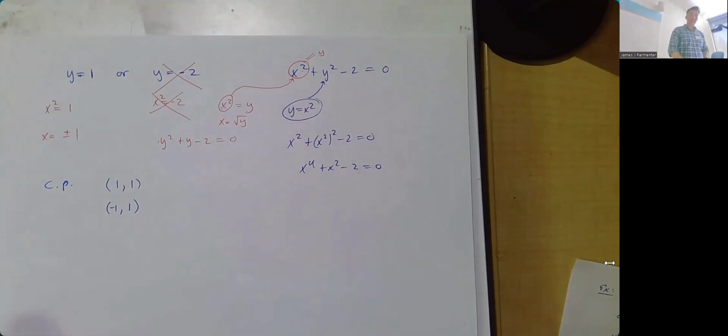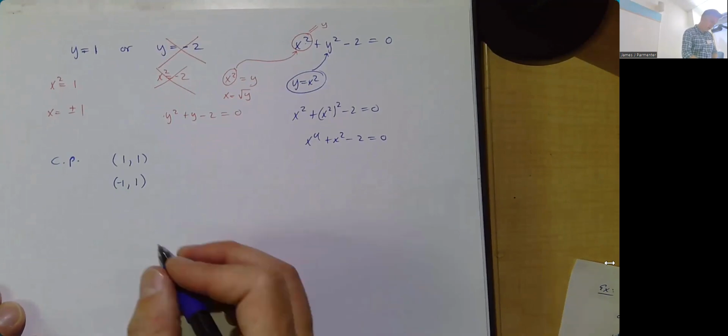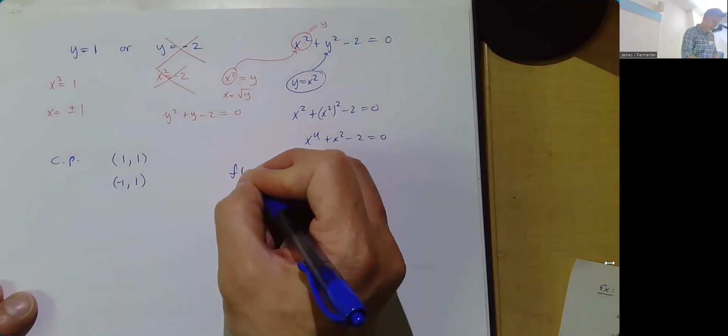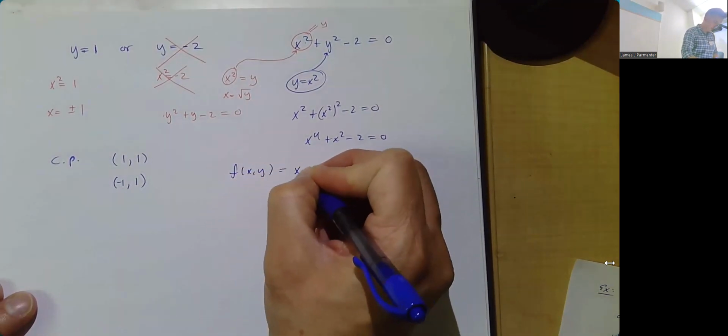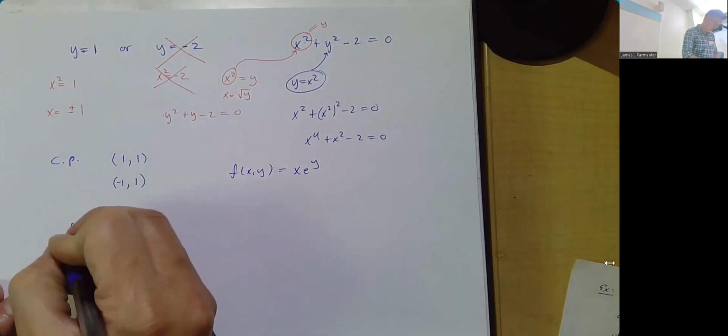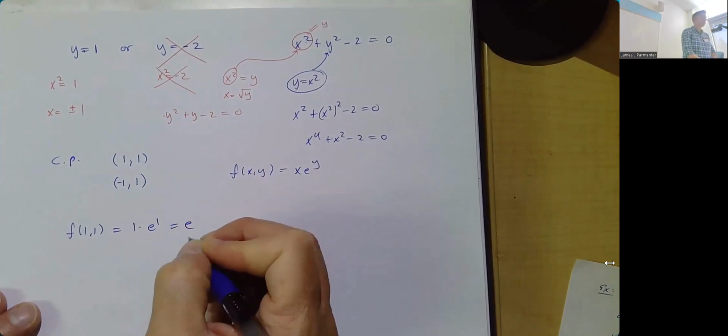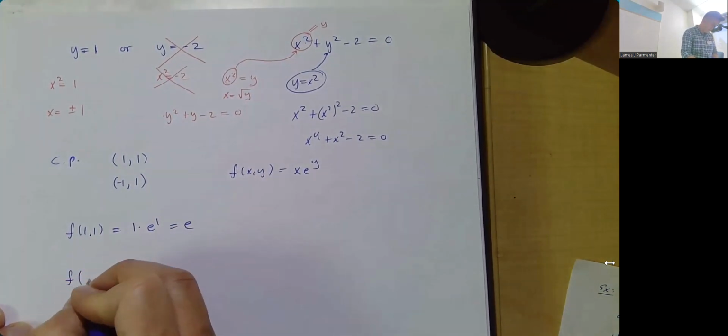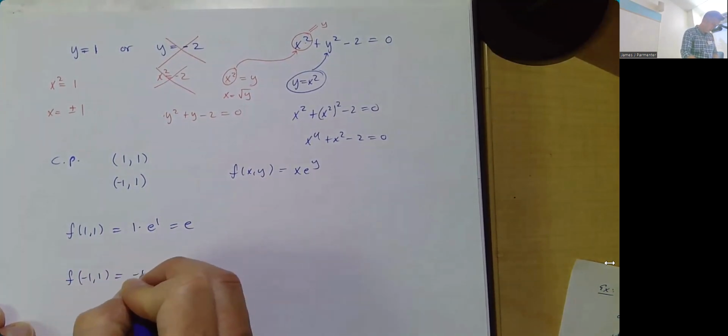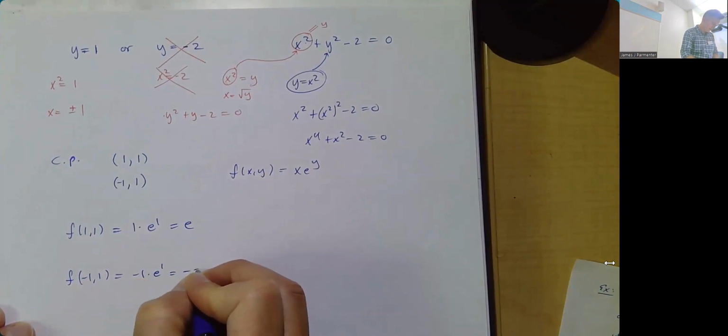So here's how I would finish this problem off. I remind myself that f of x, y is equal to x e to the y. So f of 1, 1 is 1 times e to the 1, which is just e. And then f of -1, 1 is -1 times e to the 1, which is negative e.